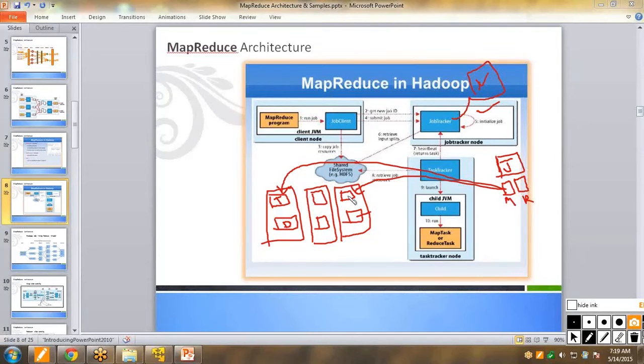So in MapReduce, when you're developing a MapReduce program, you say... Sorry, but how can we know the uniqueness in a row? How can we know that?